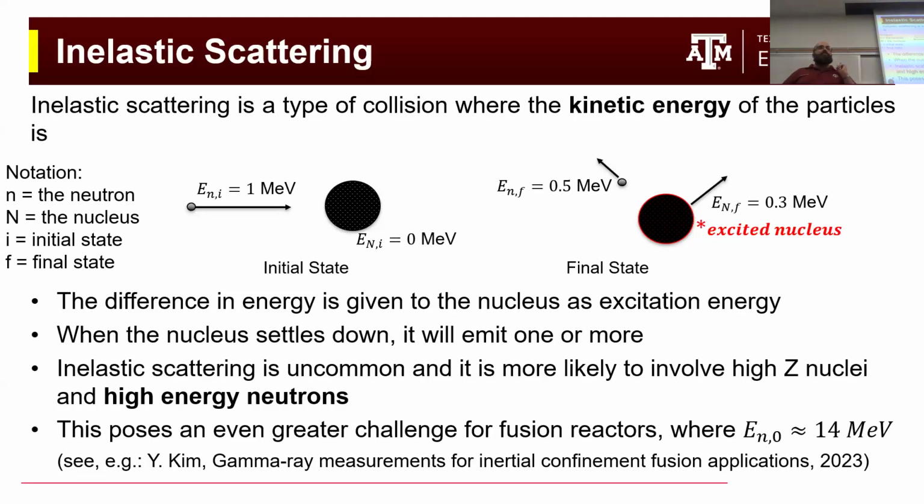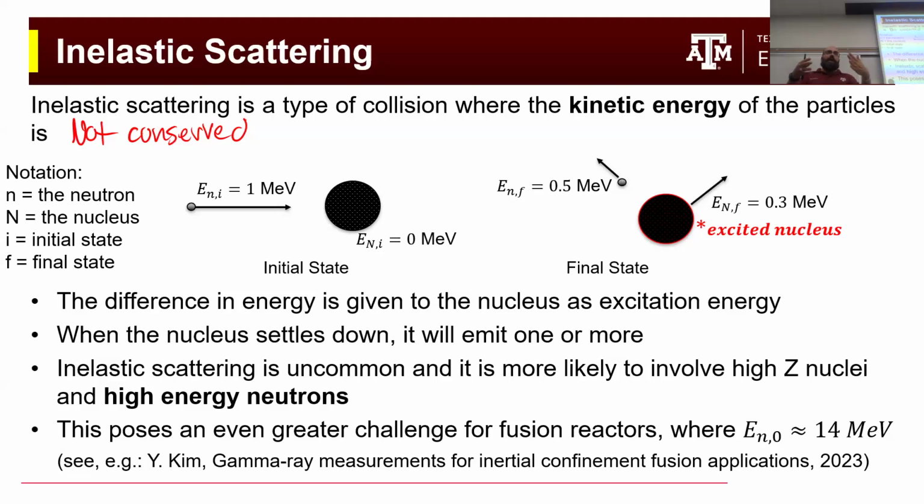Elastic is very similar to inelastic, it's still a collision, but the main difference is that with inelastic scattering, the kinetic energy of the particles is not conserved. When you did collisions in physics one, if you did inelastic collisions, those were collisions where the kinetic energy isn't conserved because that energy ends up going somewhere else.